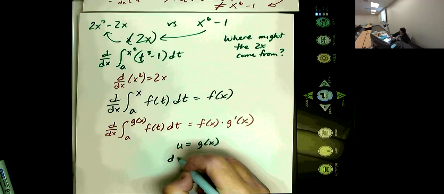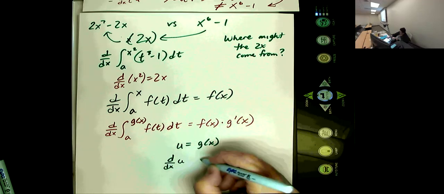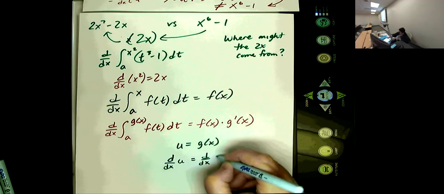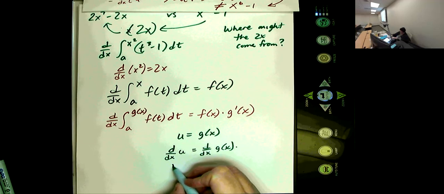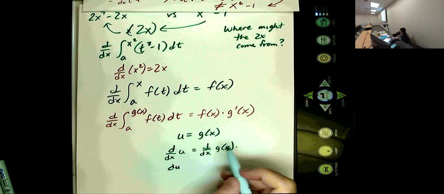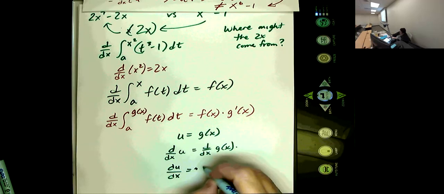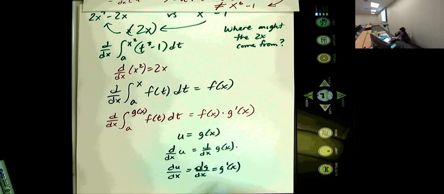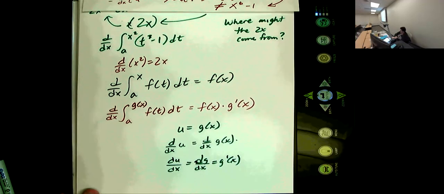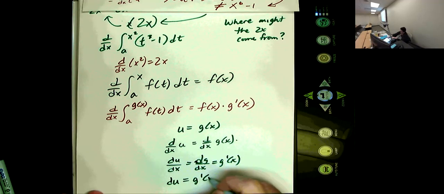So d/dx of both sides: du/dx equals dg/dx, which is g prime of x. And if we write it in the other form, we have du equals g prime of x dx.